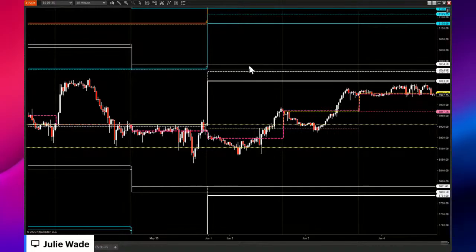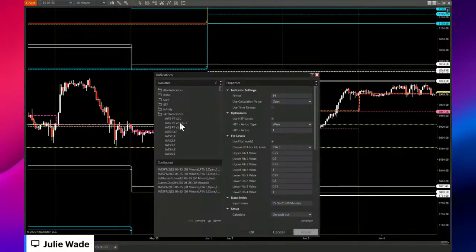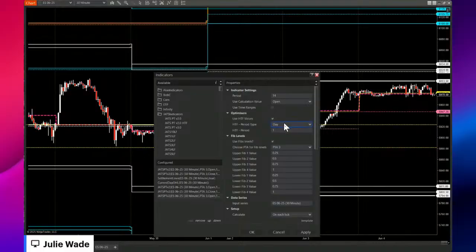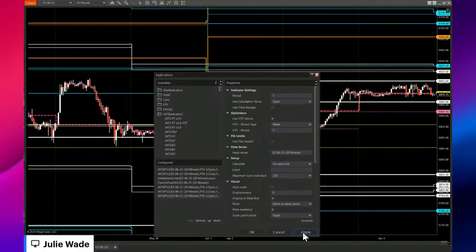And so now my R-vol is even higher, or that's a 7-day. So if I put a 1 period week, there we go. Look at that.